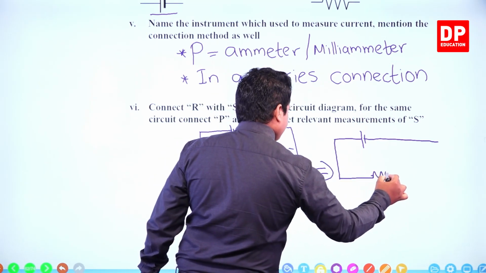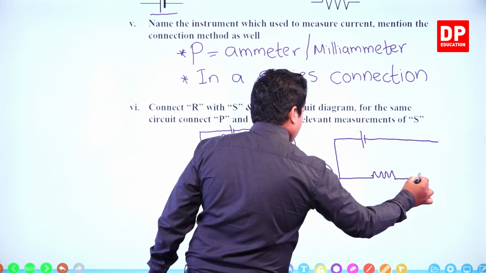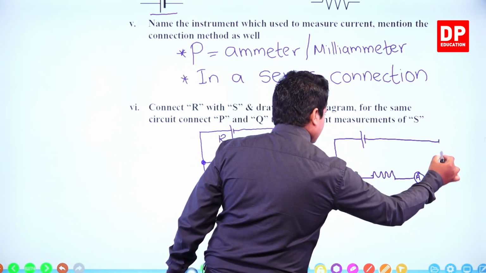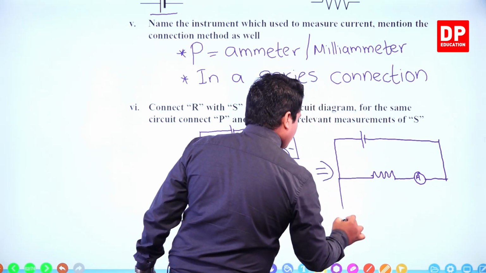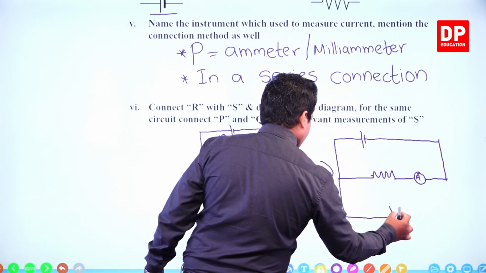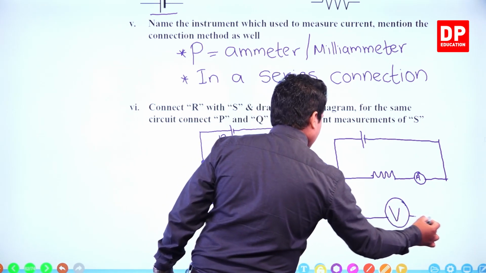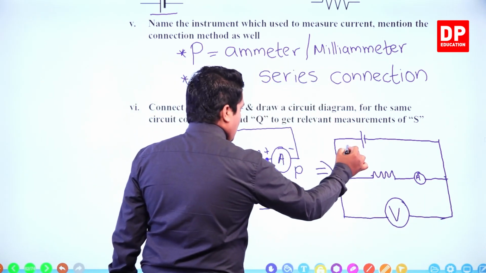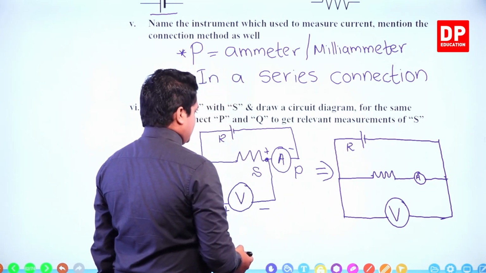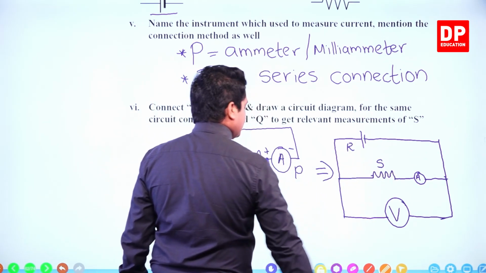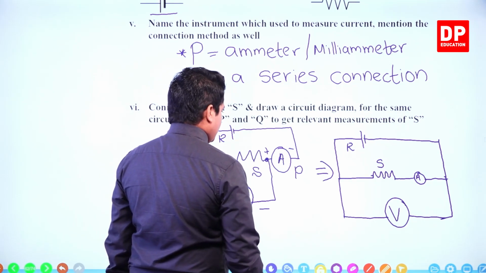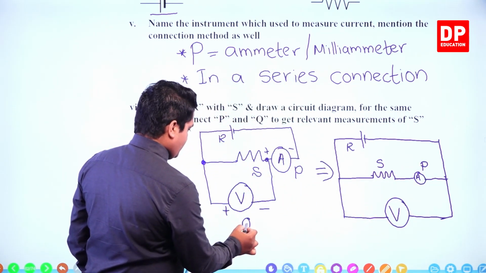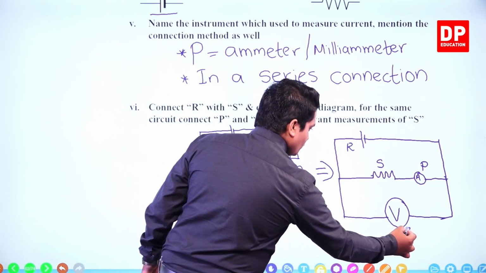Permanent resistor, ammeter, then the voltmeter like this. So this is R, this is S, the resistor, and this is P, this is Q, the voltmeter.